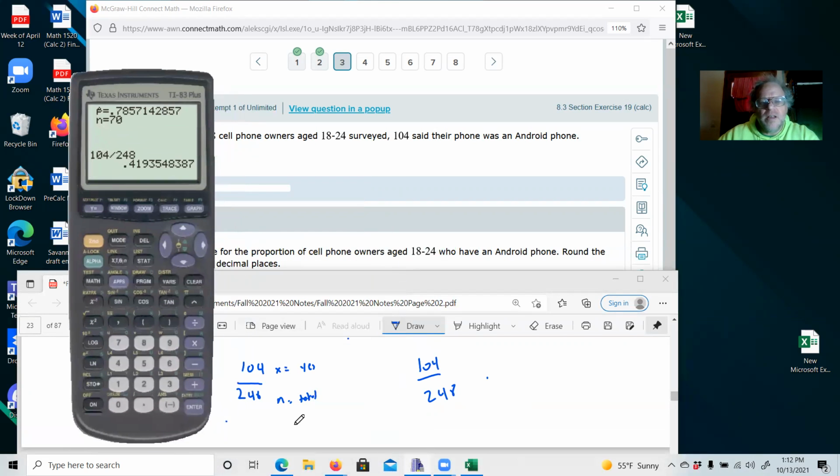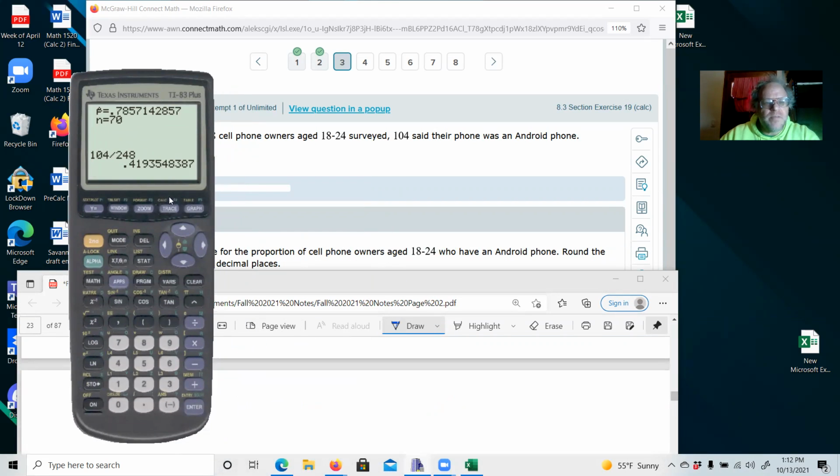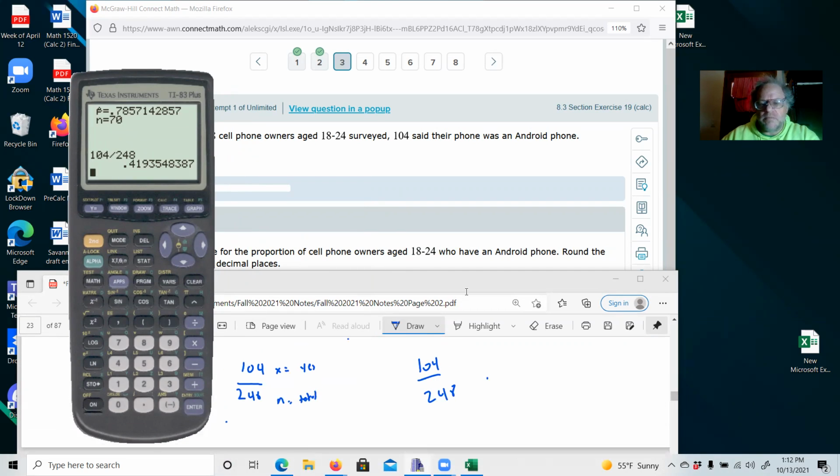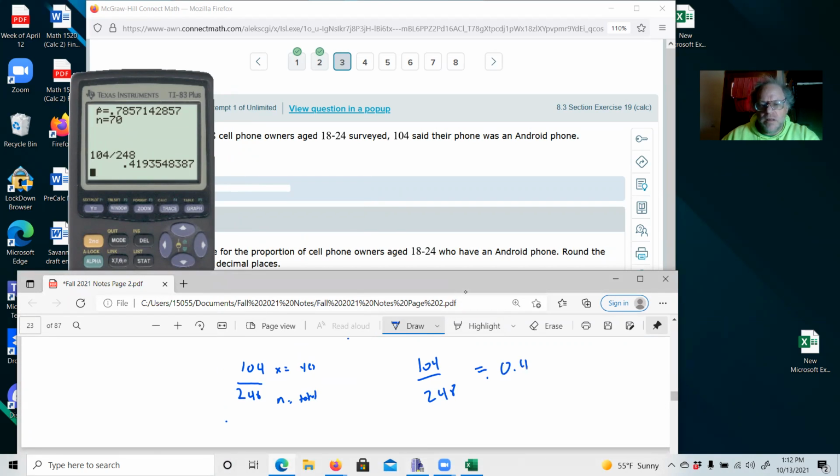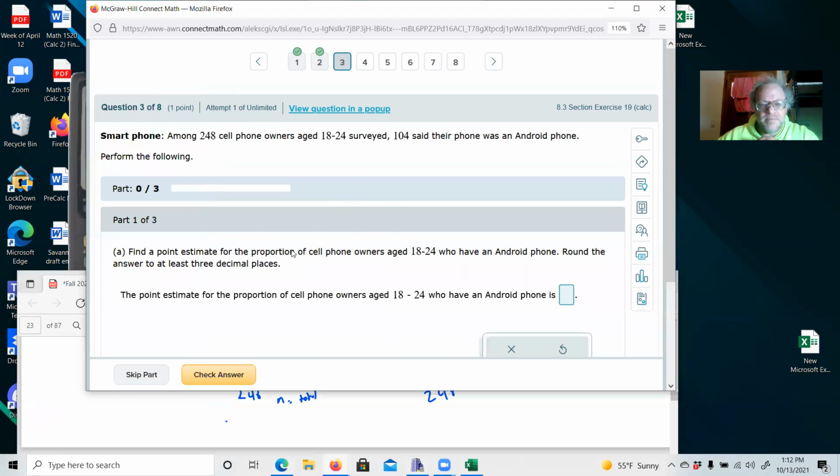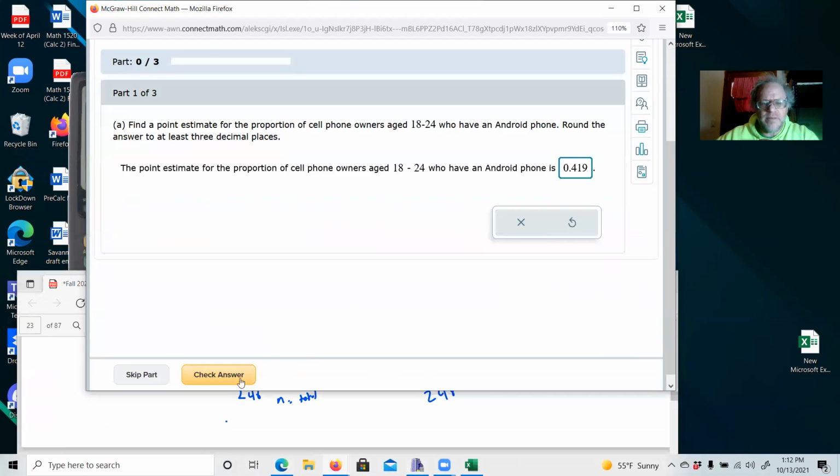So this is just 0.419, almost 42%, or 41.9%. All right, check. And then off you go.